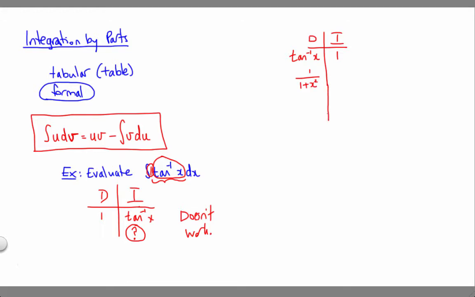The issue is that we could keep taking derivatives, and they're going to get a little bit messy as we go through the different steps, but we're never going to reach a derivative equal to 0. No matter how many derivatives we take, we will never reach 0, and so again, the tabular method doesn't work.